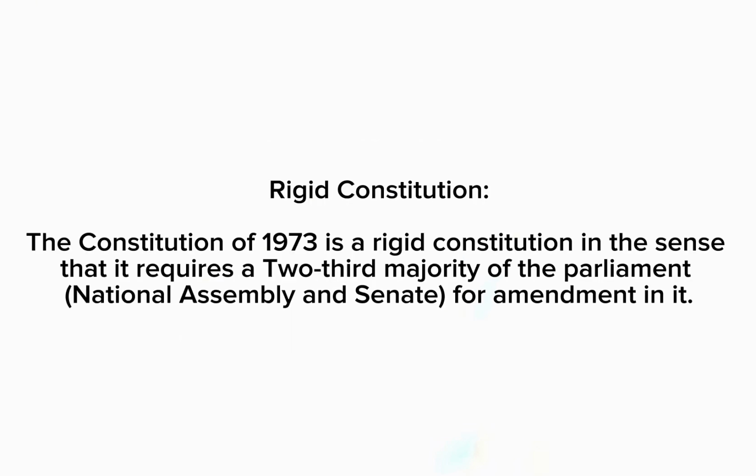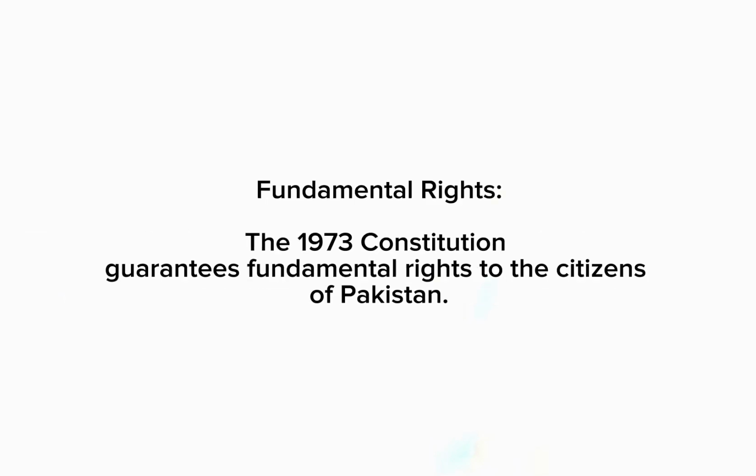Rigid constitution. The Constitution of 1973 is a rigid constitution in the sense that it requires a 2/3 majority of the parliament, National Assembly and Senate, for amendment in it. Fundamental rights. The 1973 Constitution guarantees fundamental rights to the citizens of Pakistan.